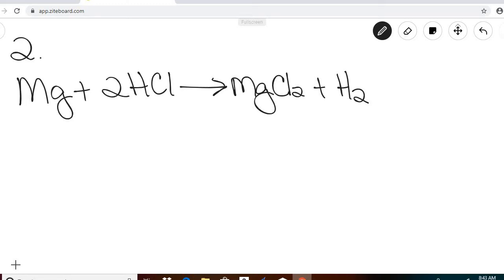Okay, so this says you're going to add 15 moles of HCl to an excess of magnesium, and that bit of information is just given to us to tell us that magnesium, if it's added in excess, is not the limiting reactant.